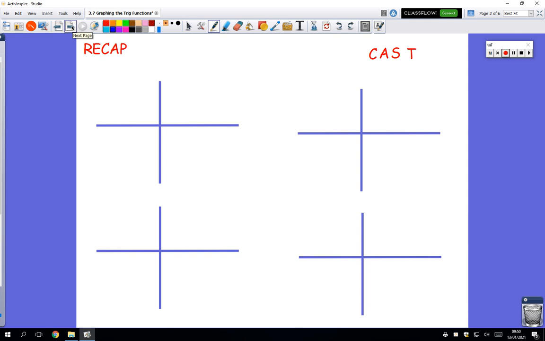Okay, remember, if you sweep the angle and it finishes in quadrant 1, all of the trigonometric ratios will be positive in that quadrant. Sine will be positive because y over r will be positive. X and y are both positive in this quadrant, remember, and r is always positive.